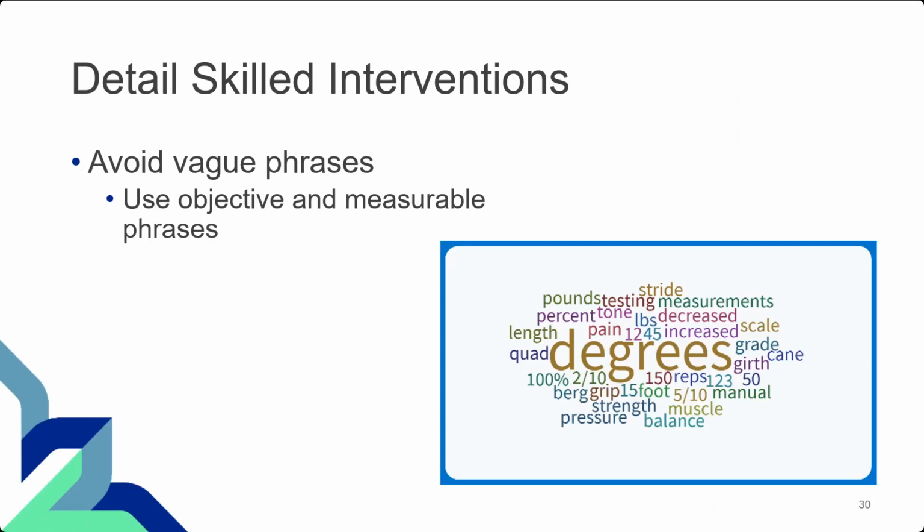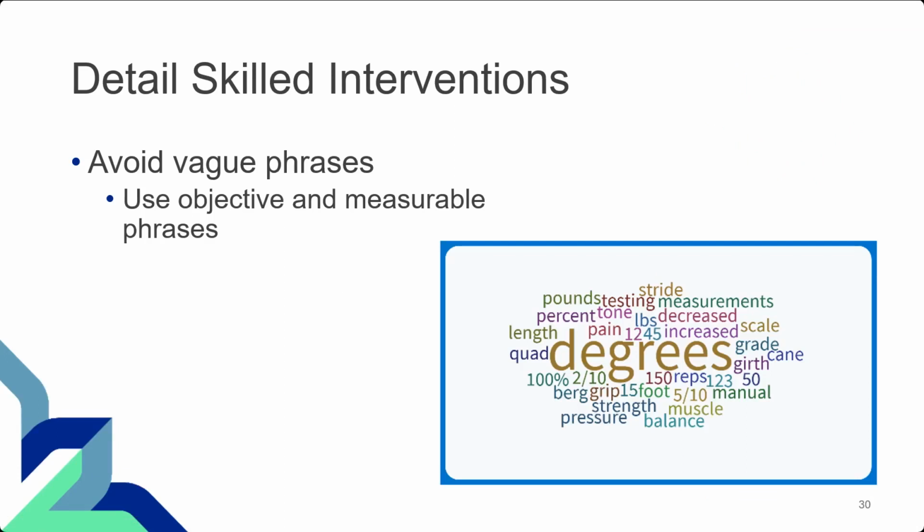Detailed skilled intervention. Avoid vague language, like we talked about earlier. Anytime you can, use objective and measurable phrases whenever possible. It's still important to gather any subjective information from your patient or your beneficiary, but quantify it with that objective and measurable terminology.